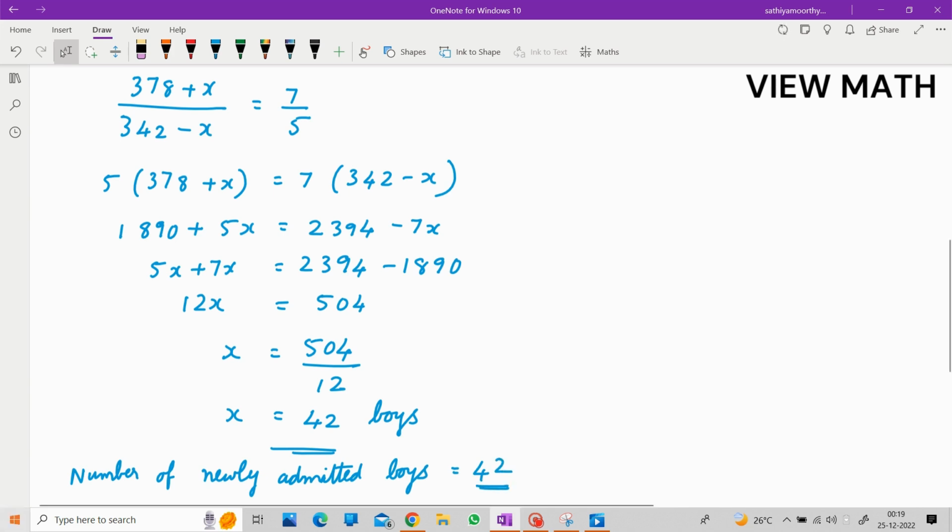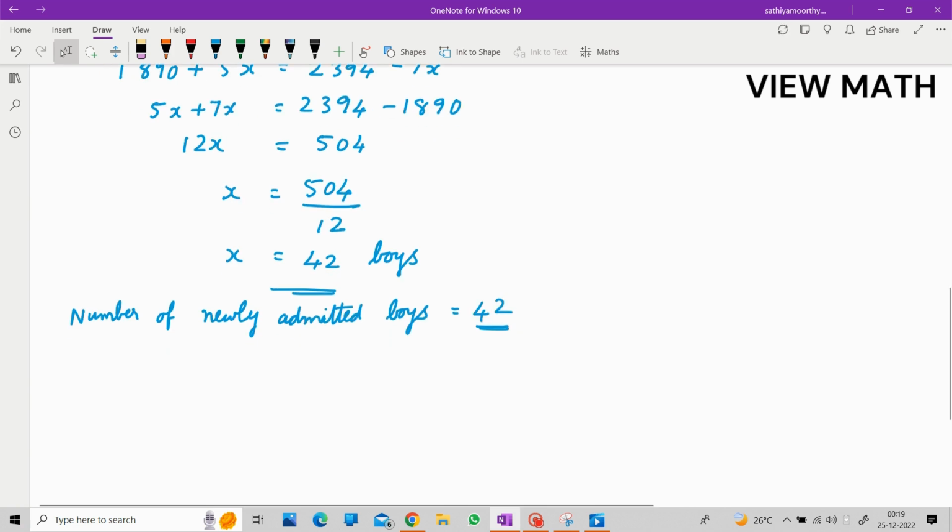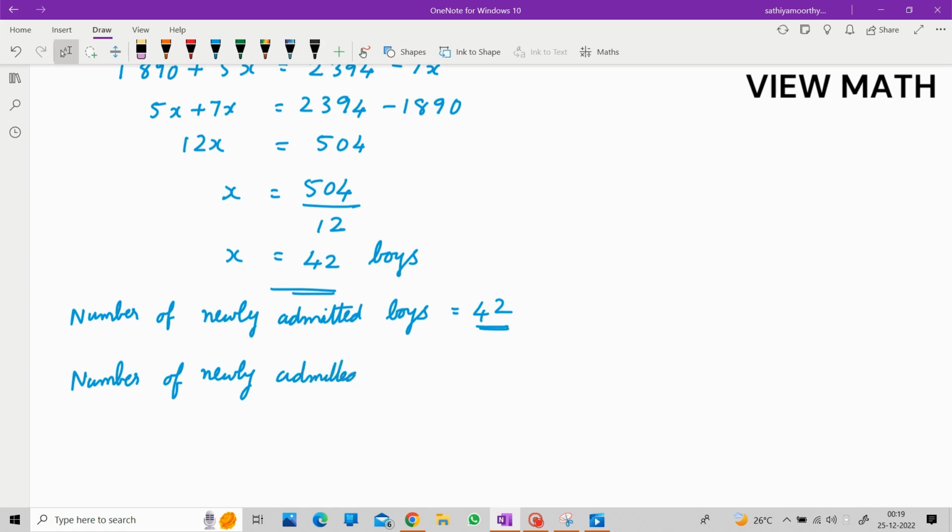If they ask us to find the girls, it's nothing but 90 minus X. So the number of newly admitted girls is equal to 90 minus X, which is 90 minus 42, which is equal to 48 girls. So 42 boys and 48 girls.